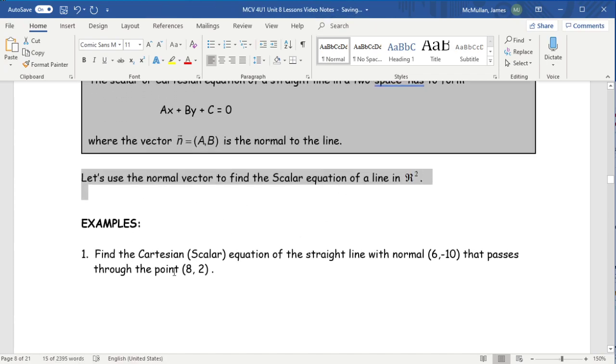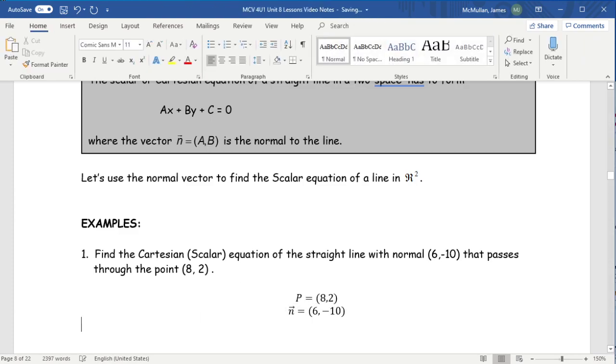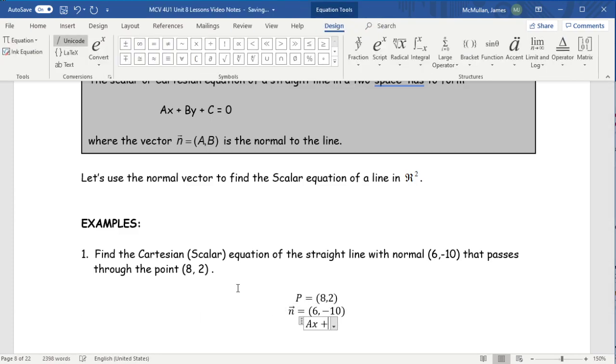Okay, now we could obviously work the other way around. We could start with the normal and then find the equation of the line. So it says find the equation of the line that has this normal that passes through 8, 2. Okay, so consider that a point that we know is 8, 2. We also know that the normal vector is 6, negative 10, which means you are in the form ax plus by plus c equals 0, and 6x minus 10y plus c equals 0.